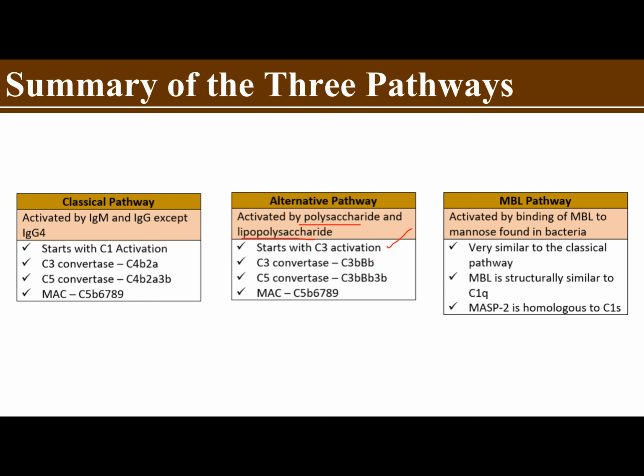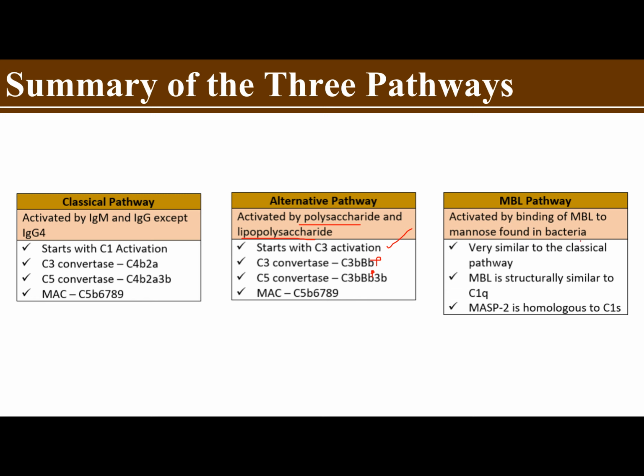The C3 convertase is C3bBbP, and we can include the P all the time. In some references they don't include it, but just to make it uniform, let's include the P. Then the C5 convertase is C3bBb3bP. The MAC is 5, 6, 7, 8, 9.